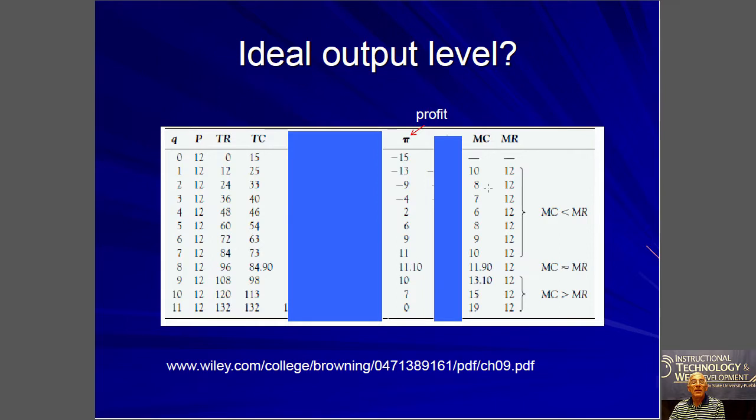So for example, when we go from 0 units to 1 unit, revenue goes from 0 to 12, so our marginal revenue of the first unit is 12. When we go from 0 units to 1 unit, our total costs go from 15 to 25. So the marginal cost of making the first unit is 10.